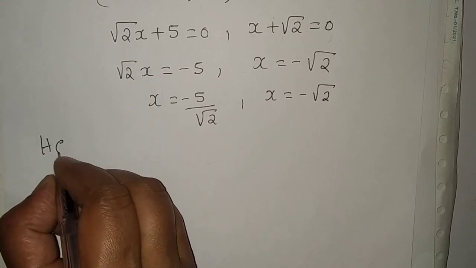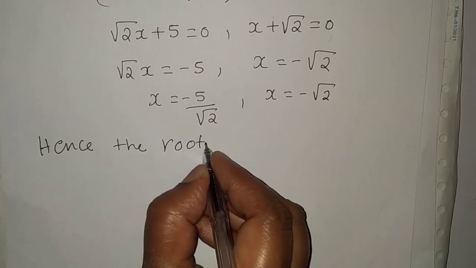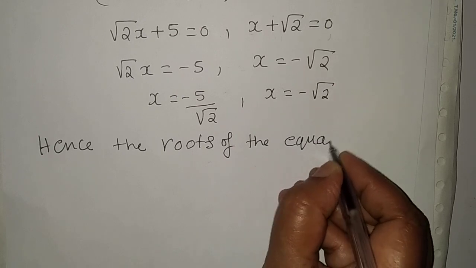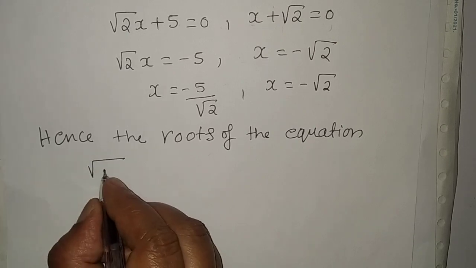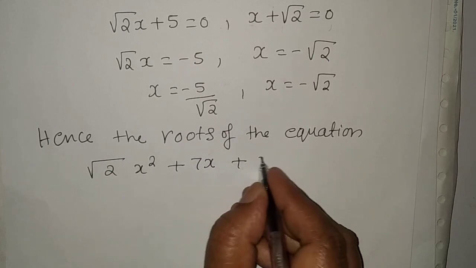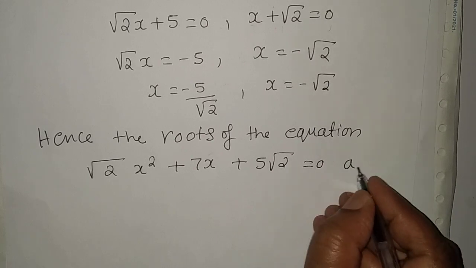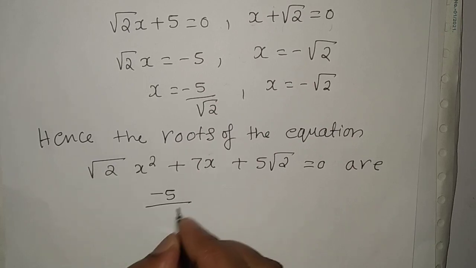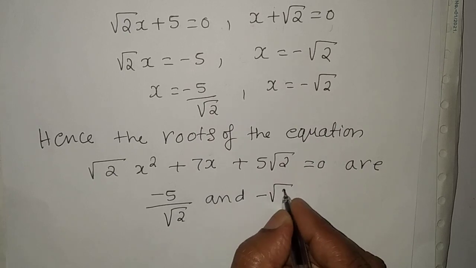Hence, finally one statement we have written: hence the roots of the quadratic equation, that is root 2x square plus 7x plus 5 root 2 equal to 0, are minus 5 by root 2 and minus root 2.